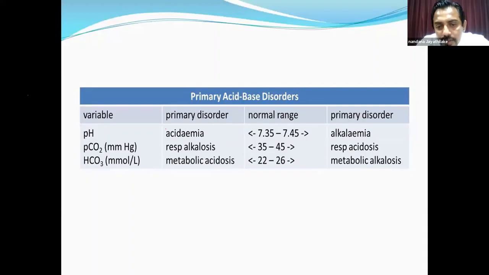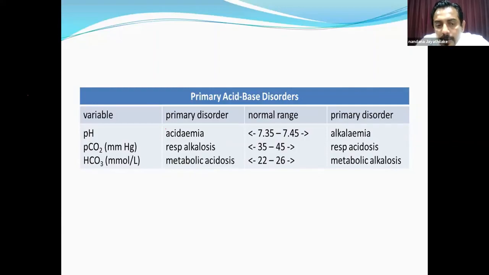If the pH is less than 7.35, it is acidemic, and if it is more than 7.45, it is alkaline. That is obvious. Then, if the carbon dioxide level is less than 35, it is respiratory alkalosis. If the carbon dioxide is more than 45, it is respiratory acidosis.